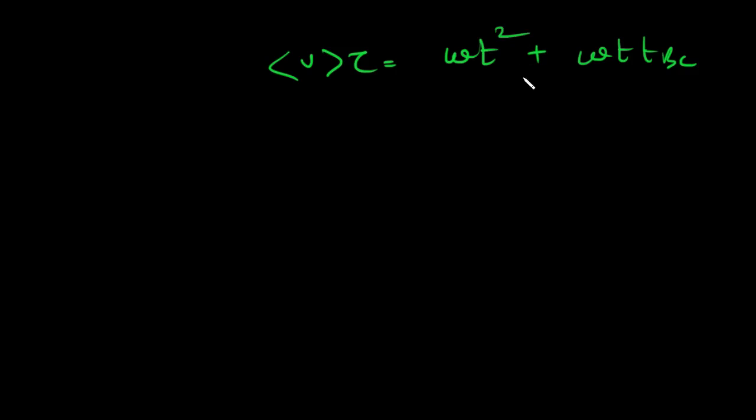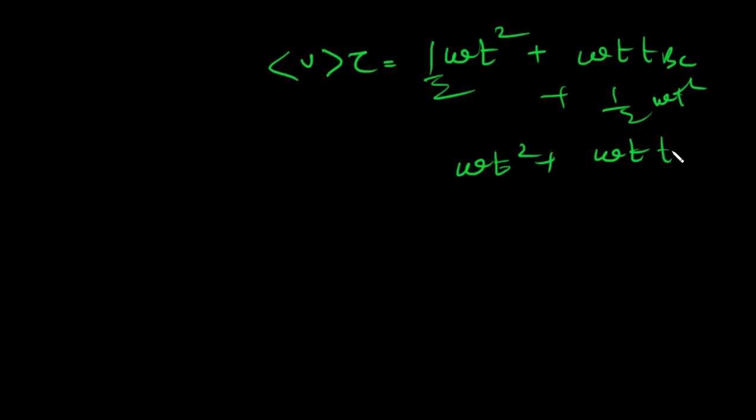We have V tau equal to half WT square plus again half WT square, so this would be WT square, plus WT times TBC. And we have tau equal to 2T plus TBC.